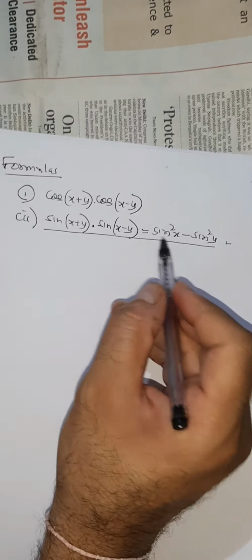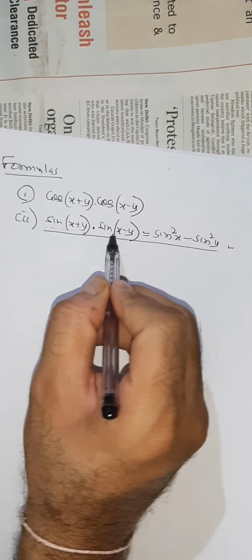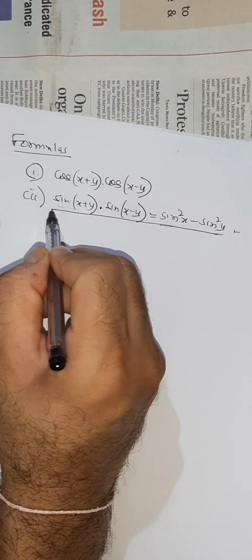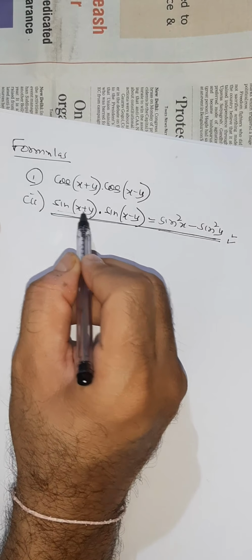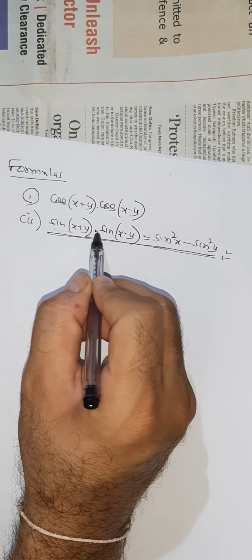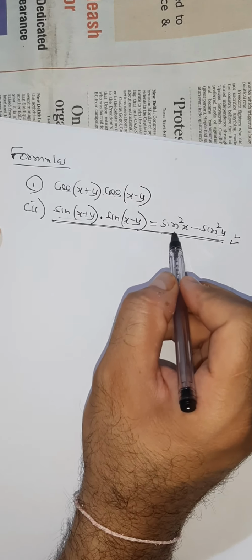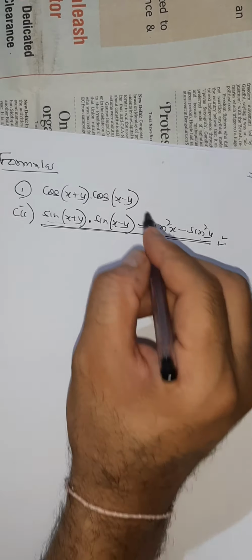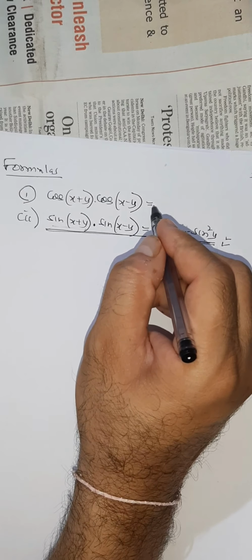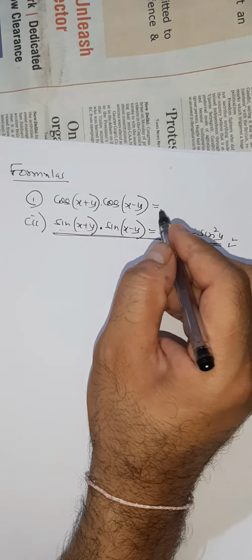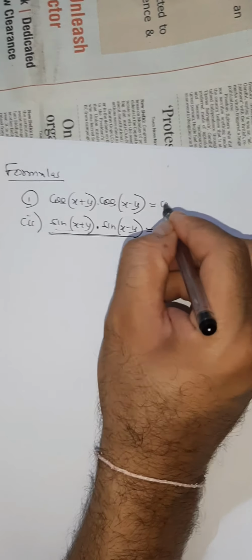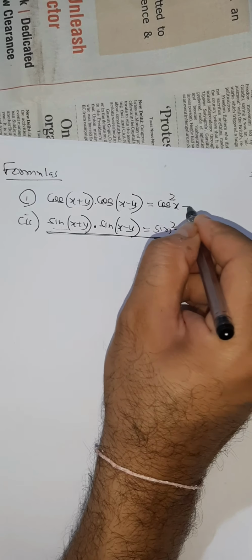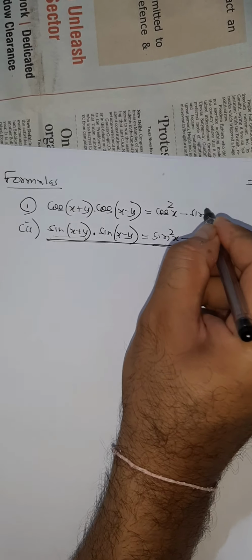How do we prove? Proof is very simple. Just expand this and simplify, you'll get exactly this. Sine of x plus y into sine of x minus y is sine square x minus sine square y. Same formula for cos function. Here this is cos square x minus sine square y, remember.